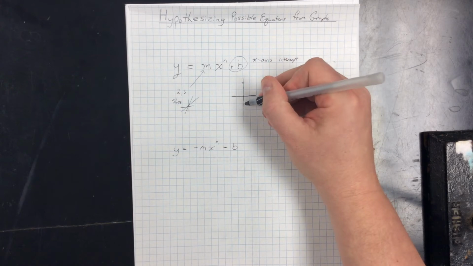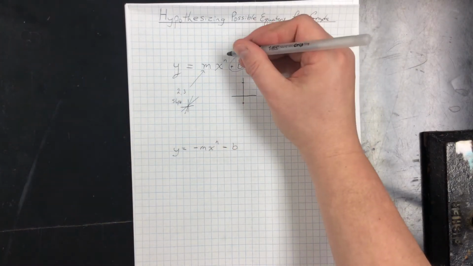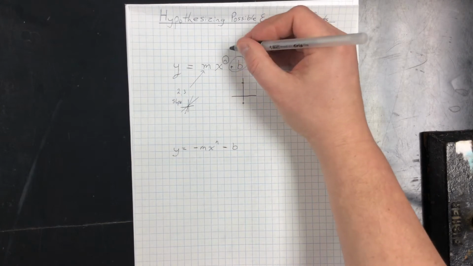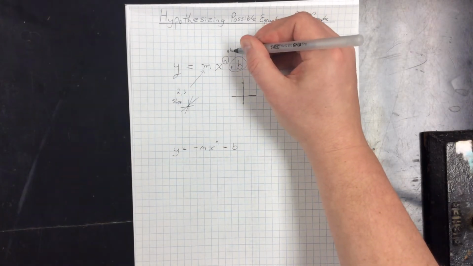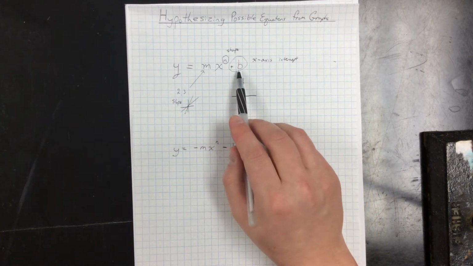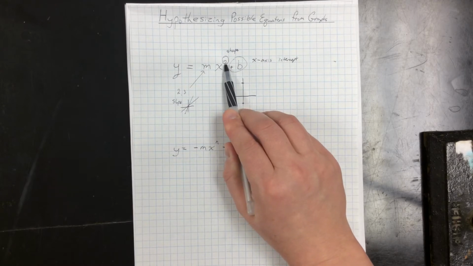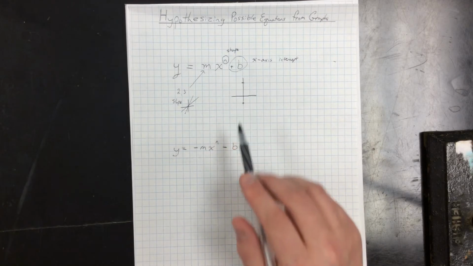If it was negative 1, I'd be expecting it to cross down here. The n, or the exponent, we should have found changes the shape of the graph. Our graph starts as a straight line, mx plus b, but if we change it to an exponent of 2 or 3, then the whole shape of the graph is no longer a straight line.